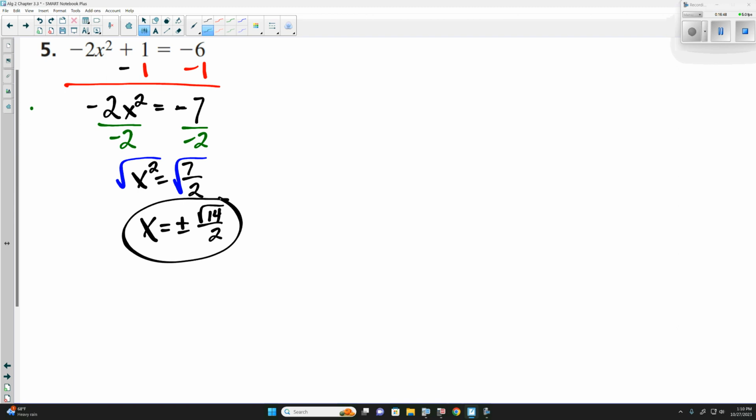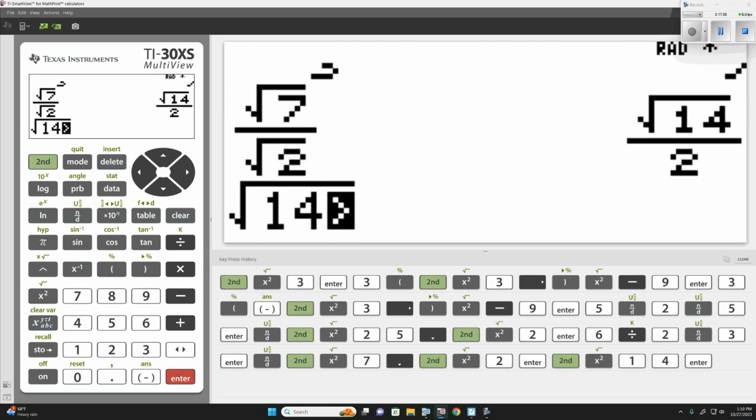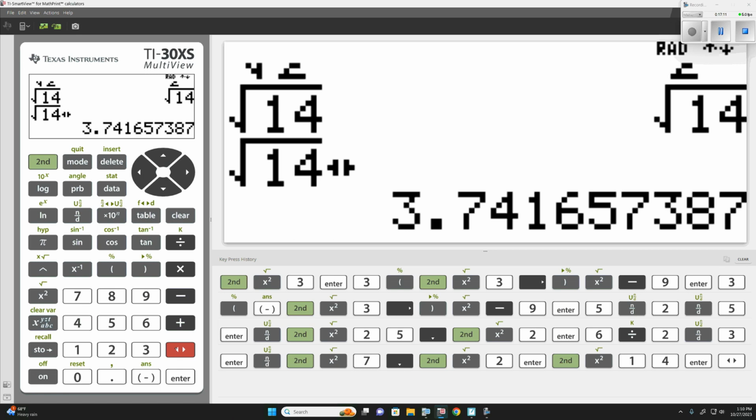Because for the square root of 14, we're looking for what number times itself is 14. The closest we could get is 3.74 and going on, but it's an irrational number.